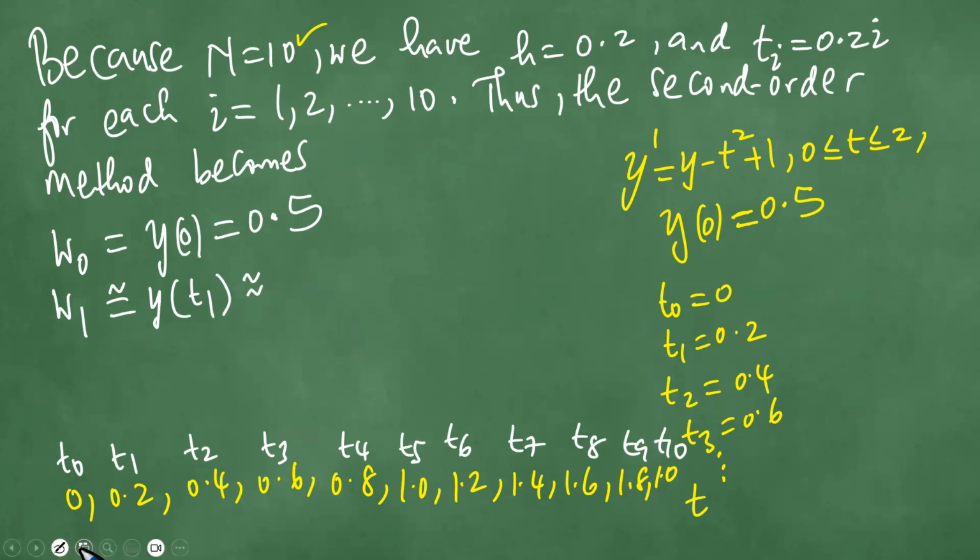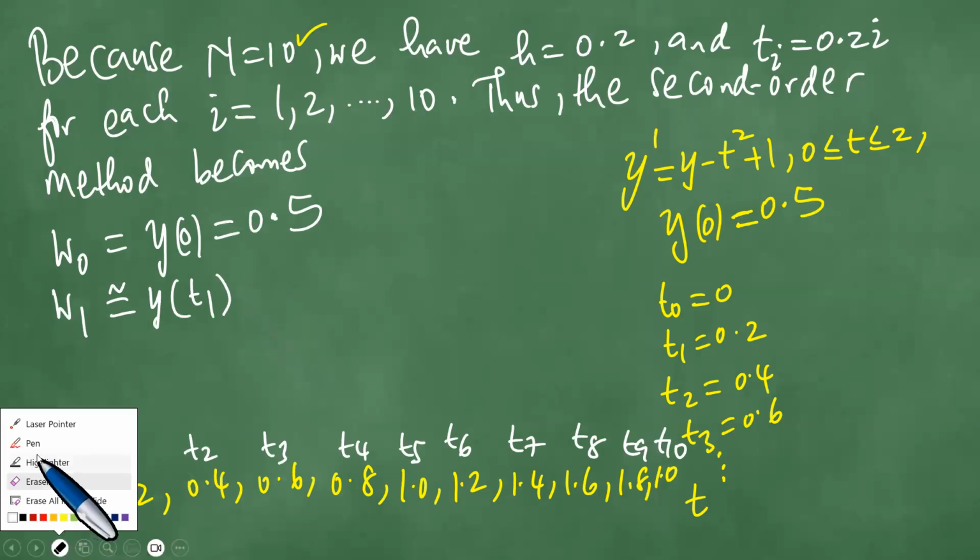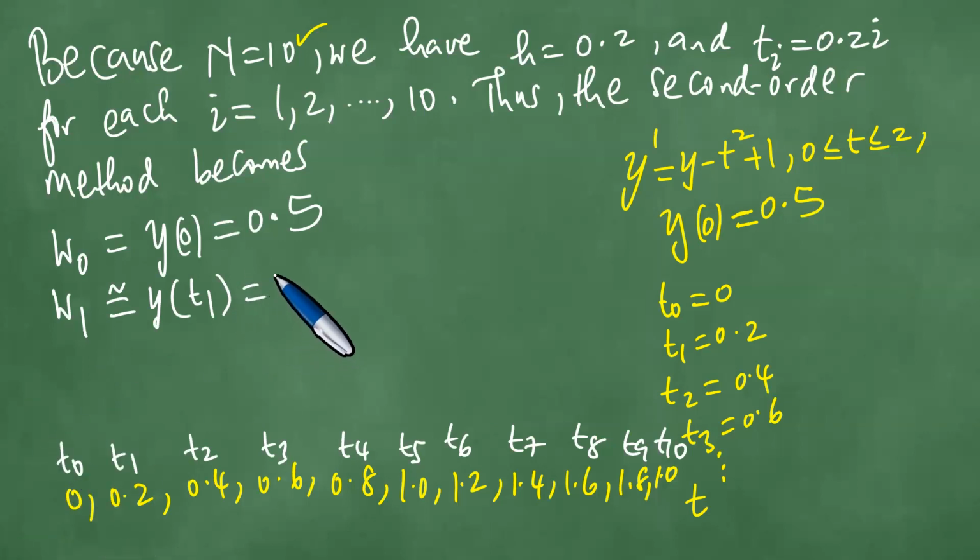You can use the equal sign here. So this one is Y at 0.2. What is Y at 0.2?